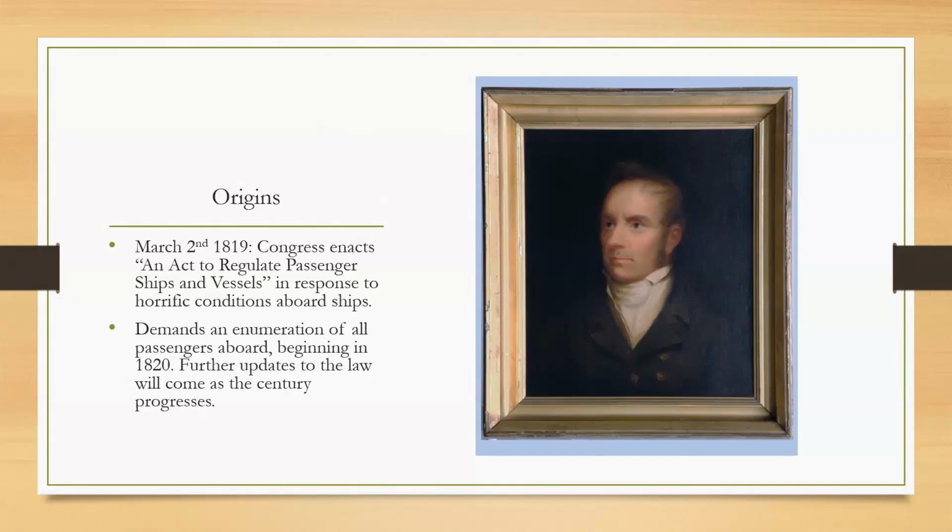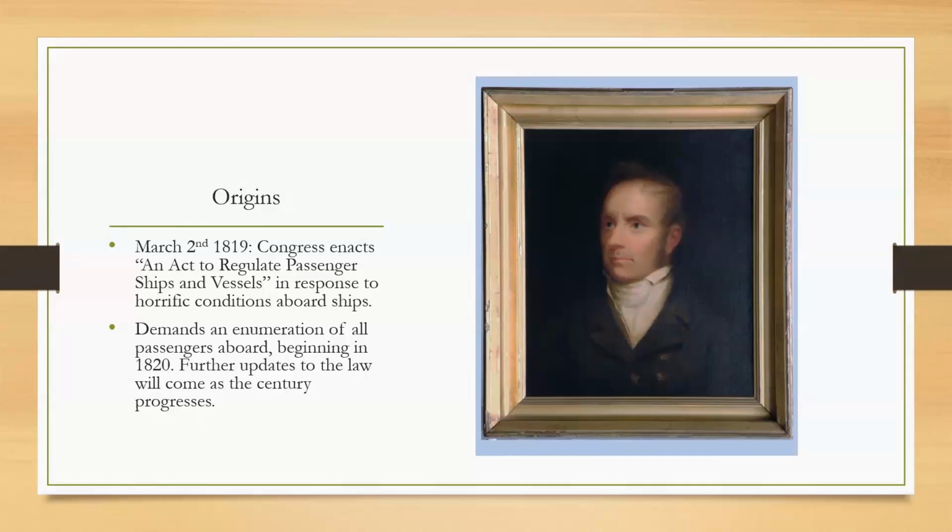This was done in response to truly horrific conditions aboard ships. One particular incident had seen over 700 passengers out of about 1,267 passengers die aboard the ship from a variety of diseases and just general poor treatment.